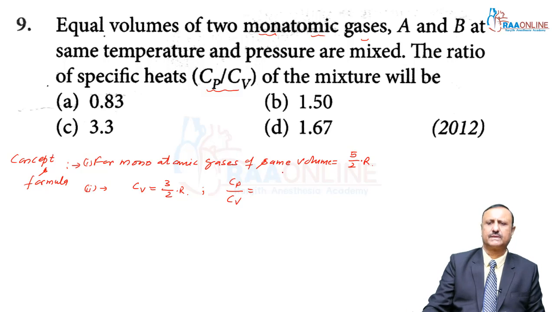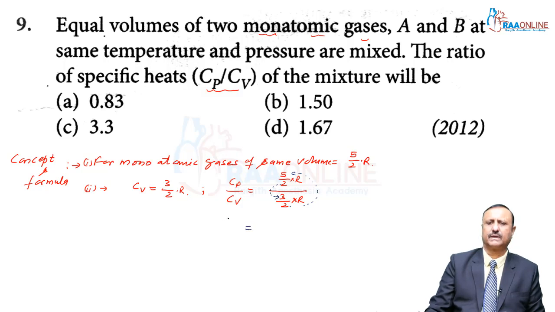Then, my dear students, it is 5 upon 2 into R upon 3 by 2 into R. We can calculate it. Here you can see this 2 goes and multiplies with this 5, and this 2 is multiplied with this 3.